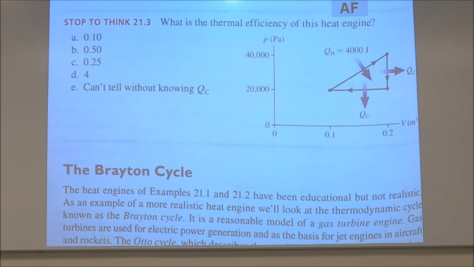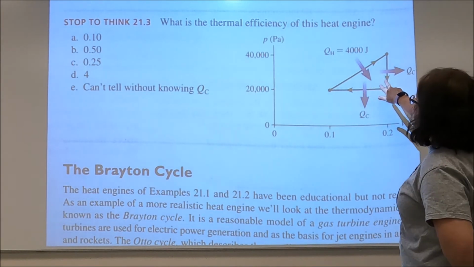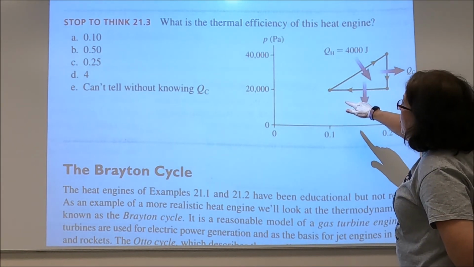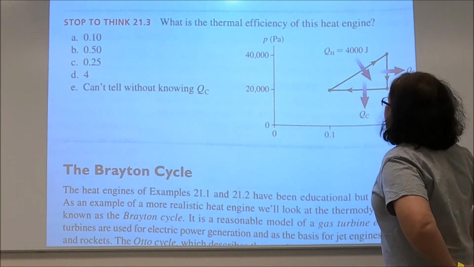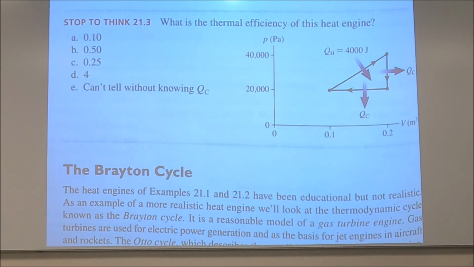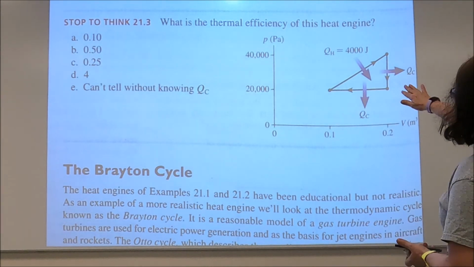It says, what's the thermal efficiency of the heat engine? Okay, so we have 4,000 joules in. To figure out the thermal efficiency, all we really need to do is get the area inside there. So if I want to get the area inside there, the base is 0.1 meters cubed times the height, and it moved 20,000, divided by 2, that's 2,000.